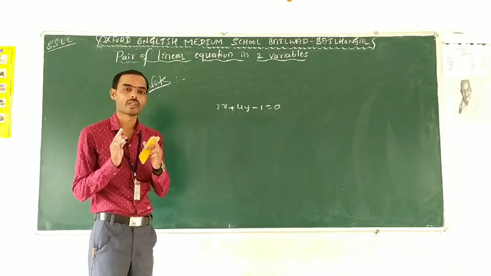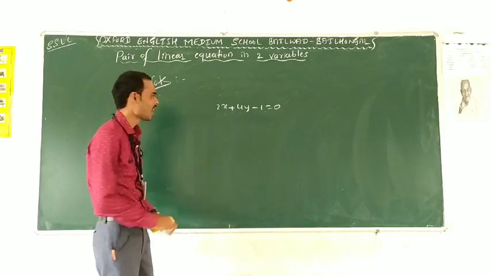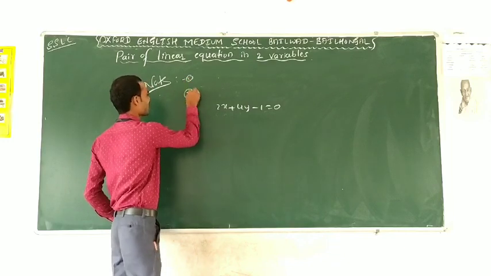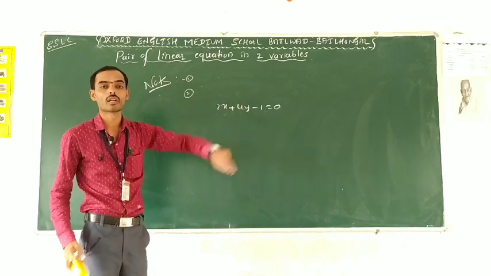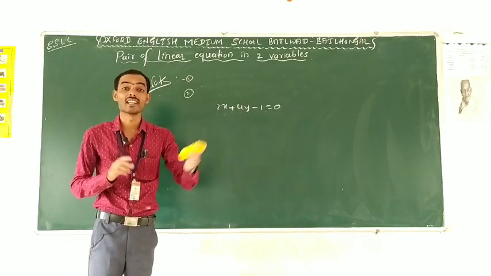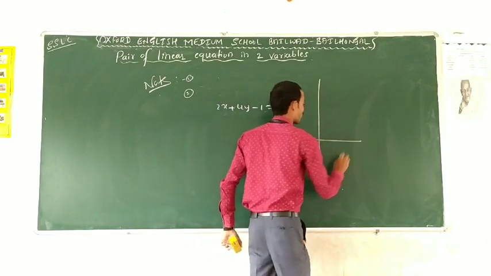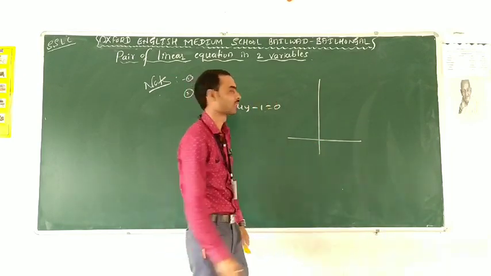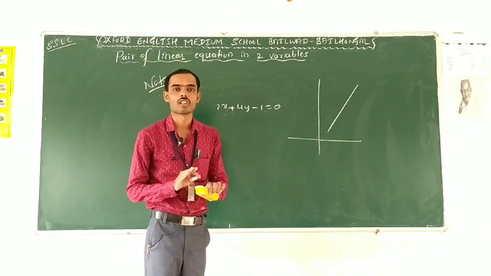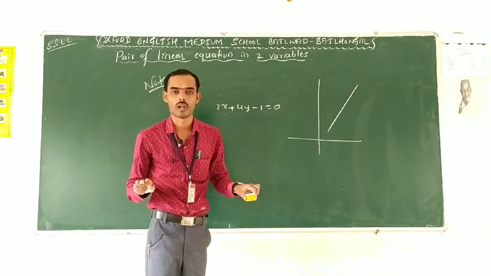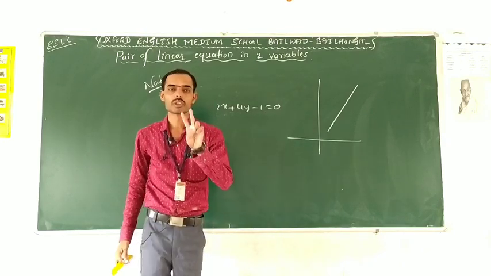Therefore, we have infinitely many solutions. This is the first special note. And the second special note: a linear equation in two variables gives a straight line in the graph. If you draw the graph, it is always a straight line, not a curved line, not a parabola.